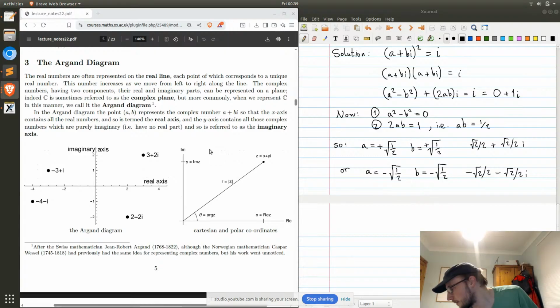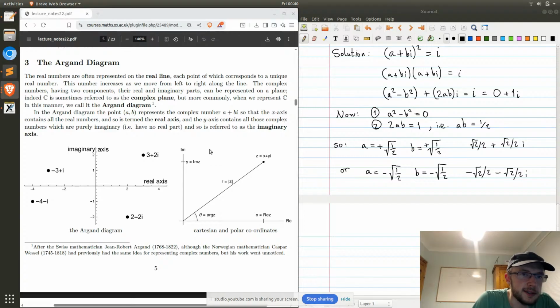Section 3, the Argand diagram. The real numbers are often represented on the real line, each point of which corresponds to a unique real number.